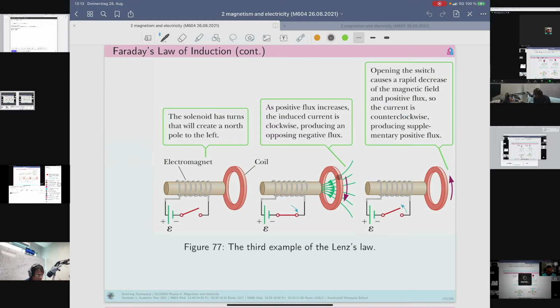Assume that all of the magnetic field lines are pointing straight. There is no curvy movement, only straight line direction for the magnetic field lines.